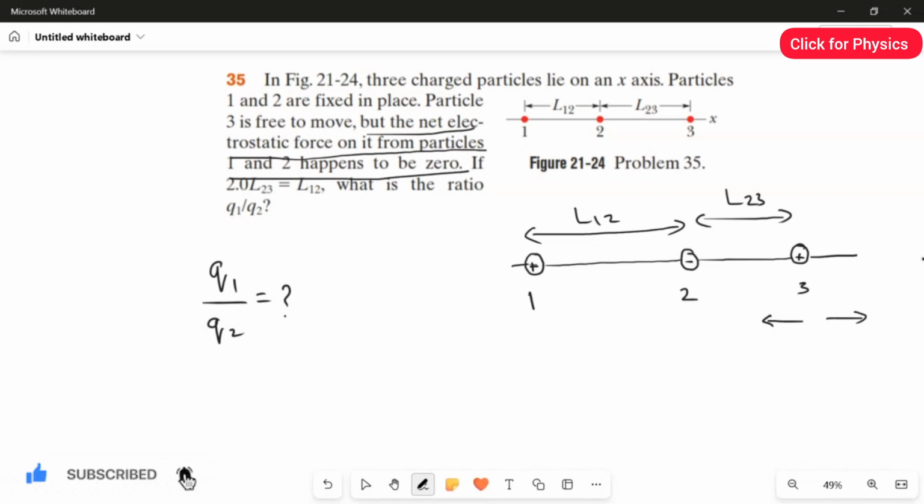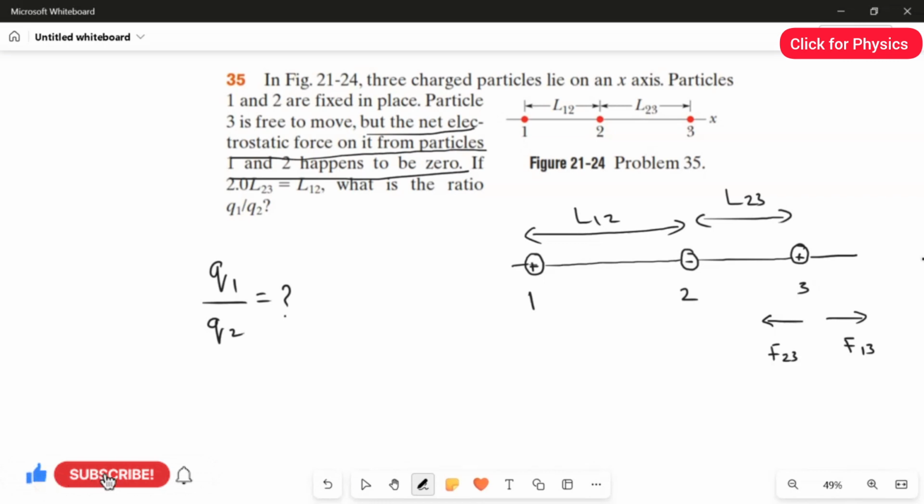I'm just giving some examples. So how will the interaction of 1 on 3 and 2 on 3 be equal to 0? If positive interacts with positive, what will happen? It will repel. So this is F13, and particles 2 and 3 attract because this one is negative and this is positive, so this is F23.